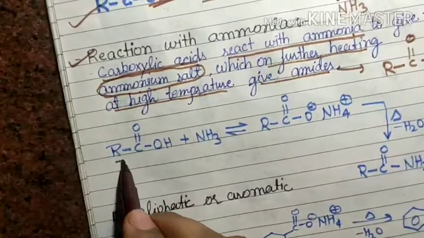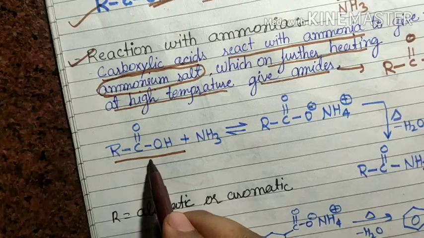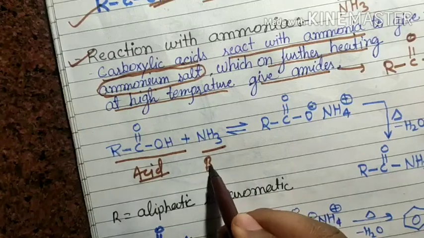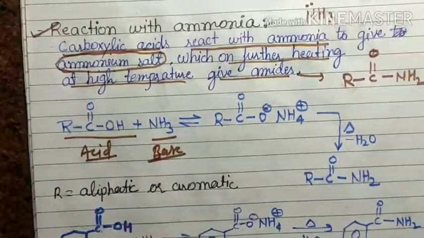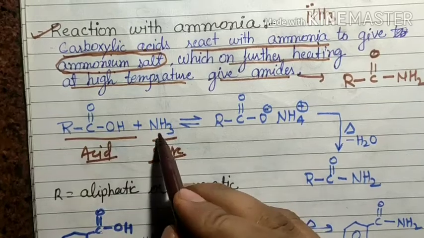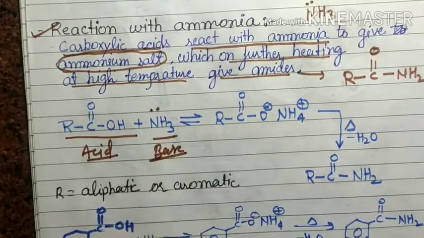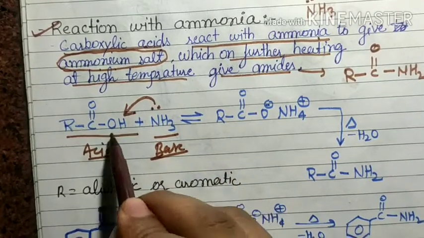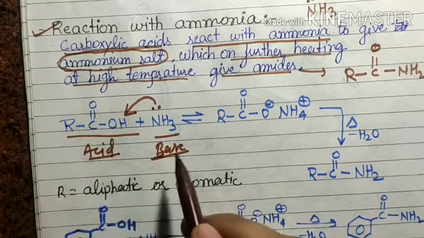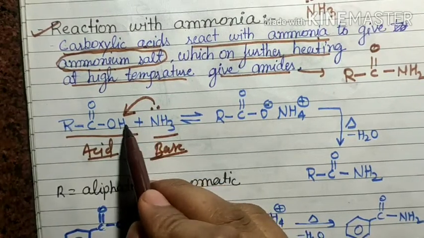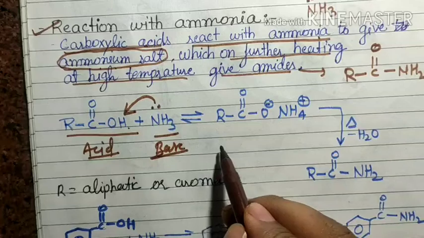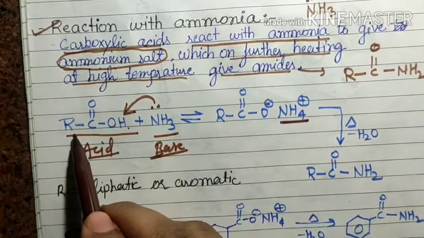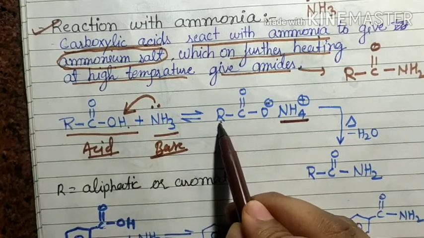So this one is the acid, and ammonia is somewhat basic. So acid and base: generally the base abstracts the hydrogen atom of this acid, the acidic hydrogen, and when it abstracts the acidic hydrogen, it converts into NH4 plus, and the remaining carboxylic acid converts into the carboxylate ion.